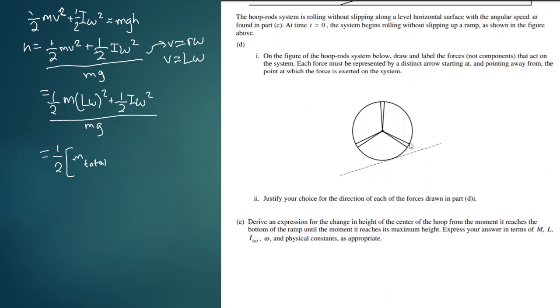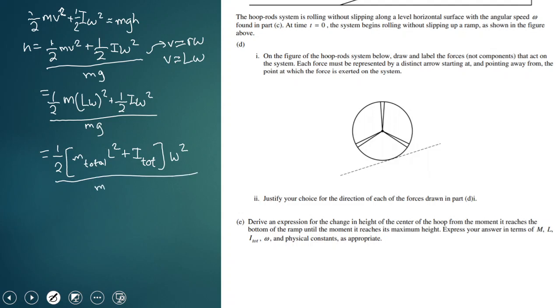So I have m total L squared plus I, this is I total now, and then I'll also factor out an omega squared, and then still divided by m total g.